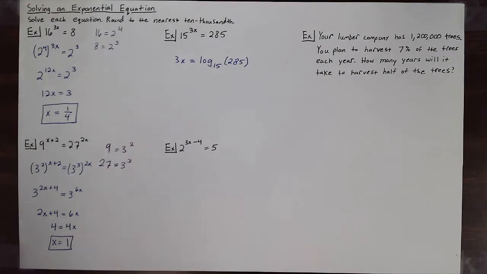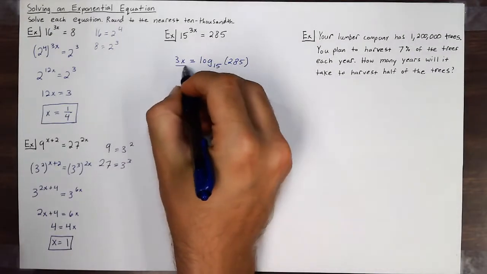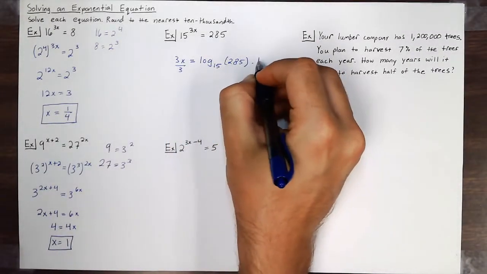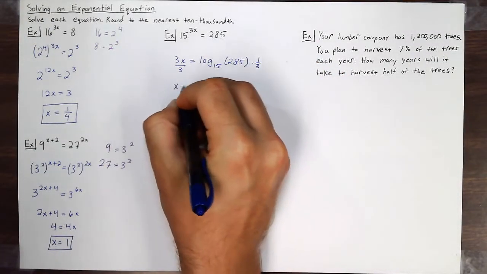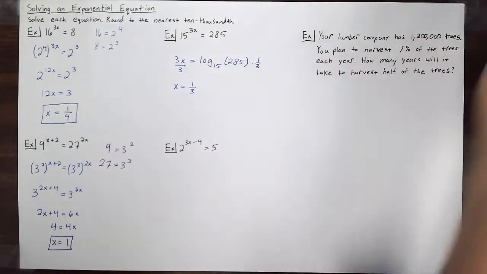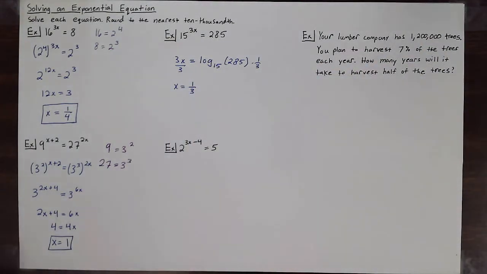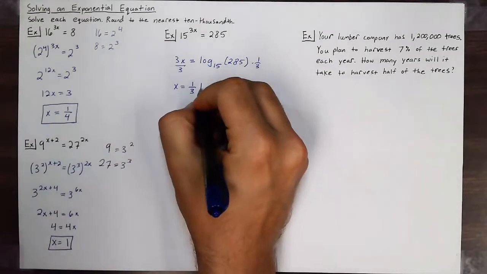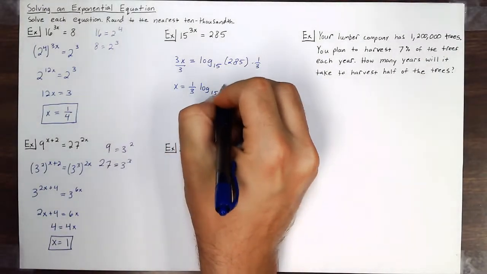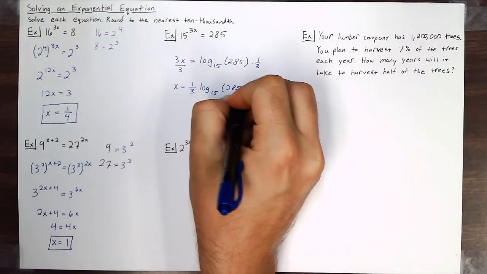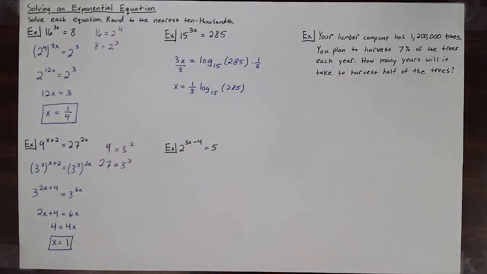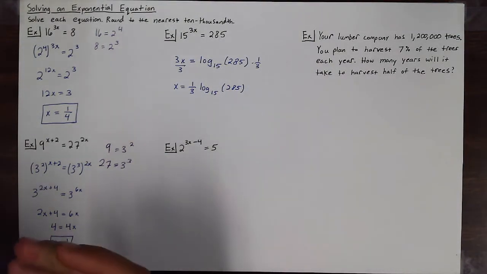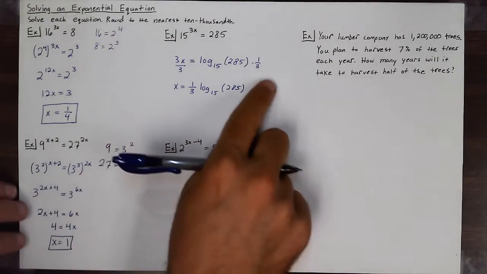Now, from here, I can divide each side by 3, which is just multiplying by a third, giving me x is equal to 1/3 log base 15 of 285. Now, this might not be an obvious numerical solution for you. What does this equal?